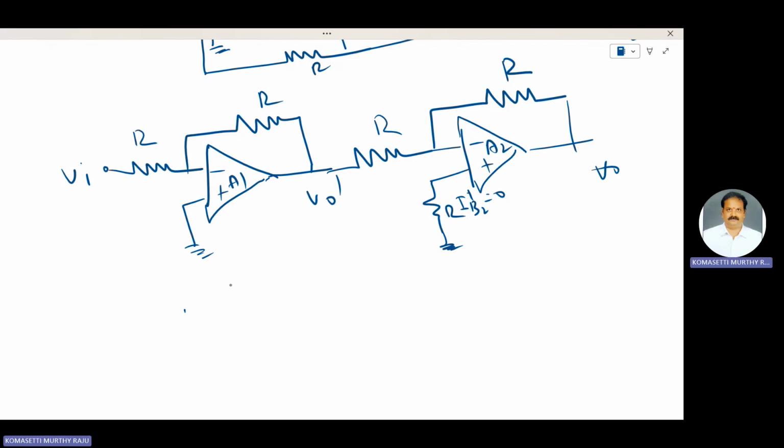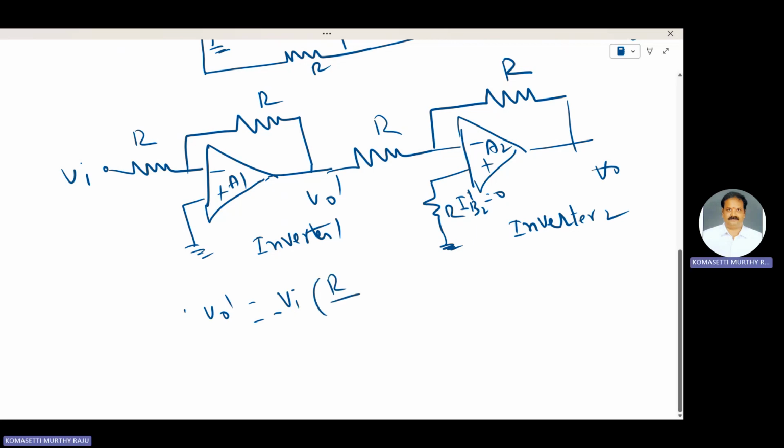Both the op amps A1 and A2 act as inverters. Inverter 1 and inverter 2. V naught dash is equal to Vi into this resistance ratio, that is minus R by R, equal to minus Vi.